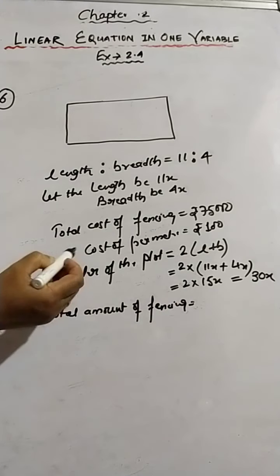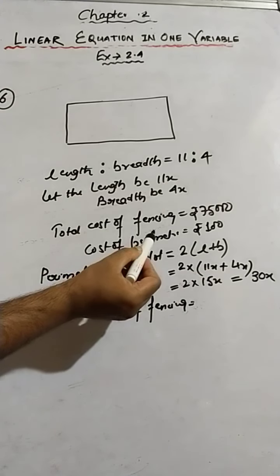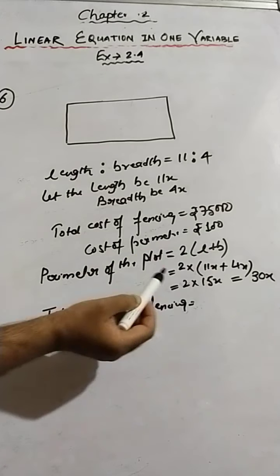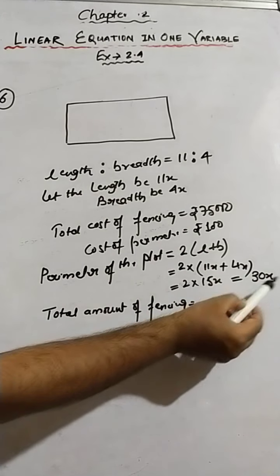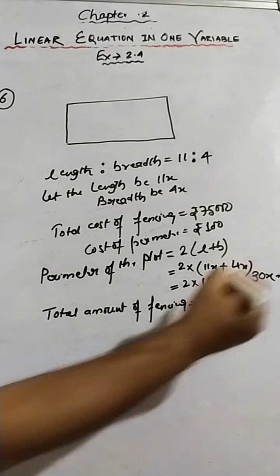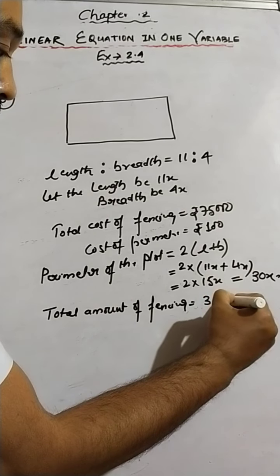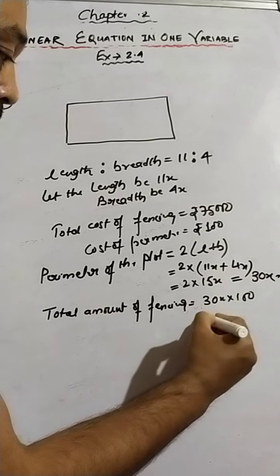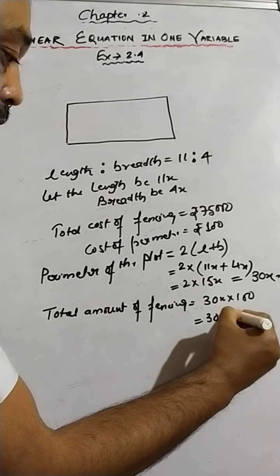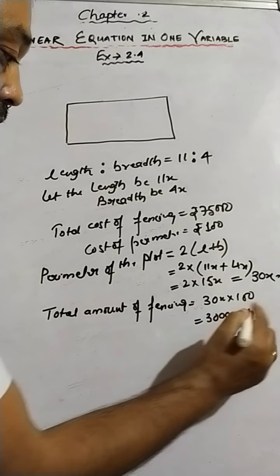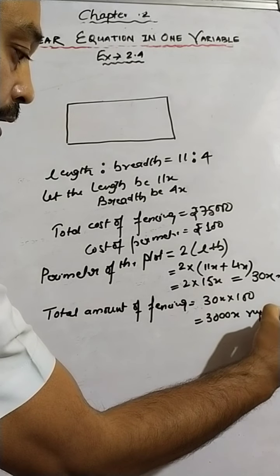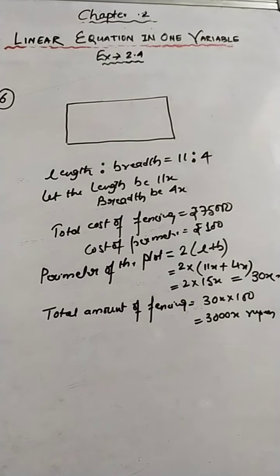Now as I've already written, the cost of per meter is what? Rupees 100. So what is the total meter that we have found out just now? That is 30x meter. So what will be the total amount of fencing then? 30x into 100. That means 3000x rupees a village panchayat has to give, isn't it?